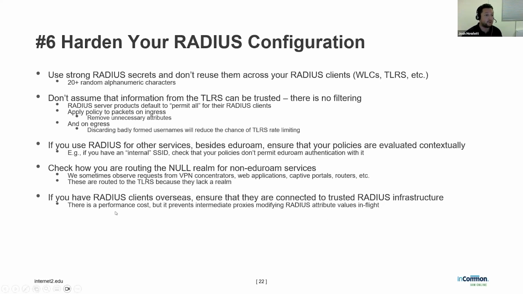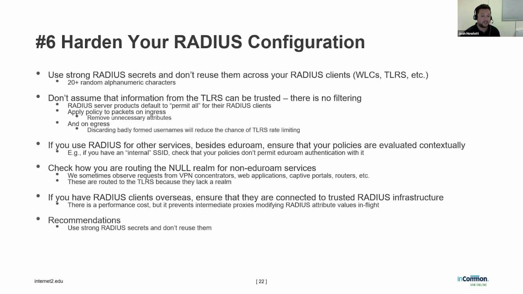It makes things more performant because there are fewer round trips across the Atlantic. But there may be cases where you don't have that level of trust in the RADIUS infrastructure. If that's the case, you may want to consider connecting your RADIUS clients directly back to a RADIUS server in the US.